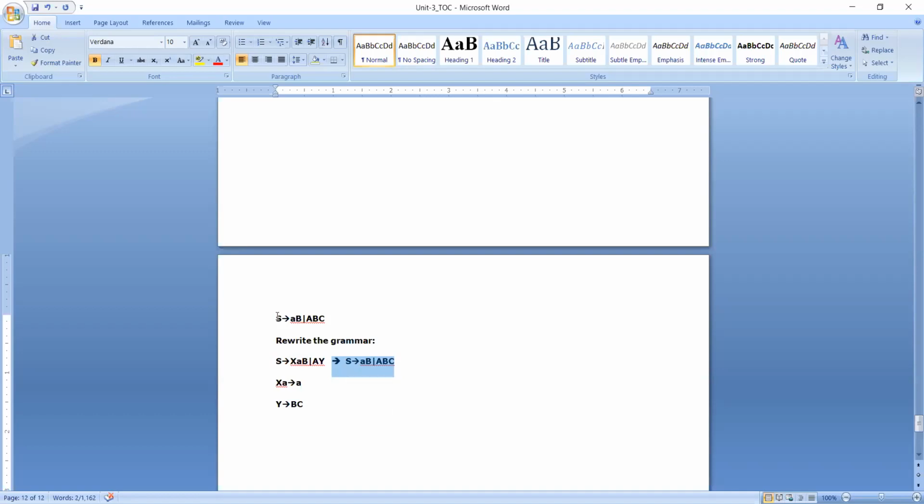The main thing you need to remember is that when we convert our grammar into normal forms, we need to make sure that the originality of the grammar is not affected. The standard format will depend on the kind of normal form you are going to use.